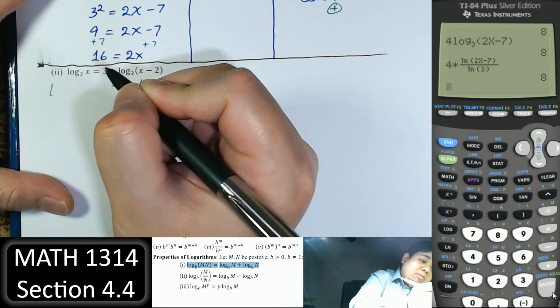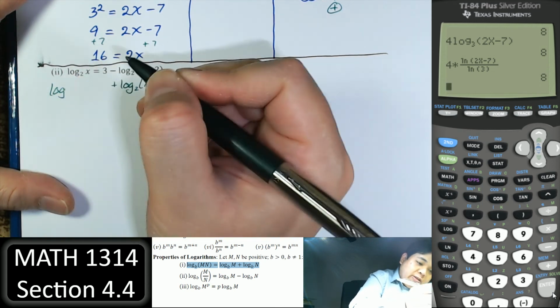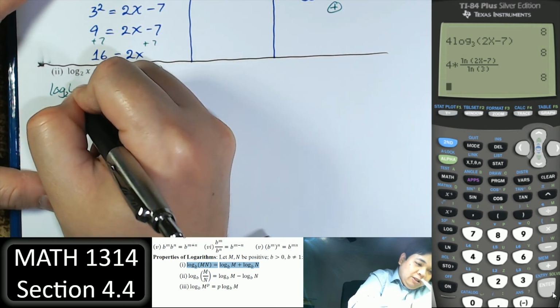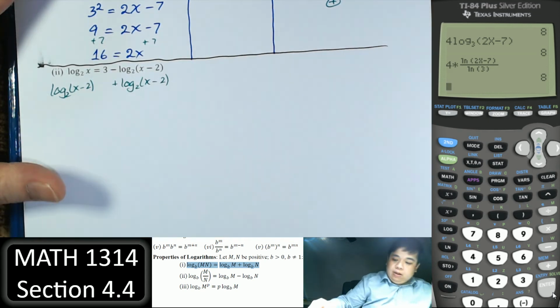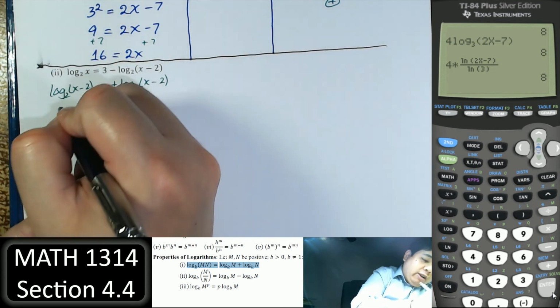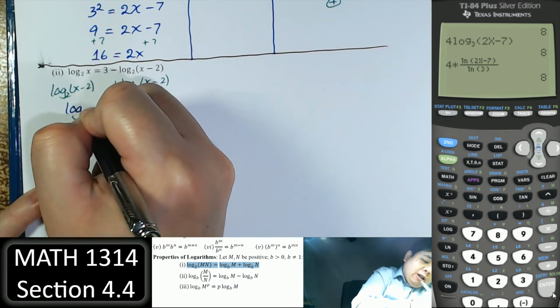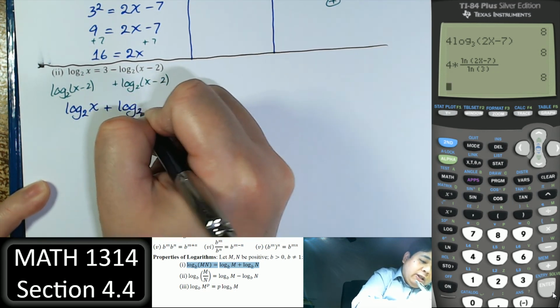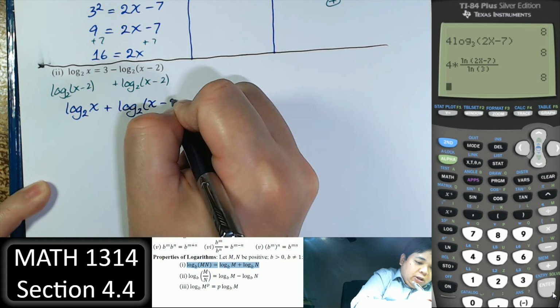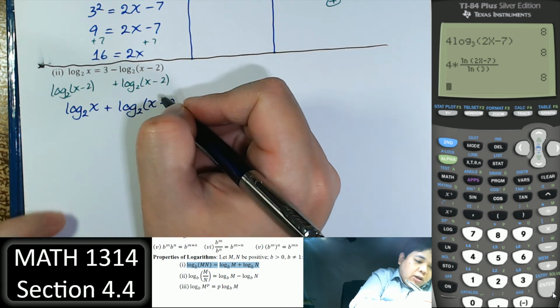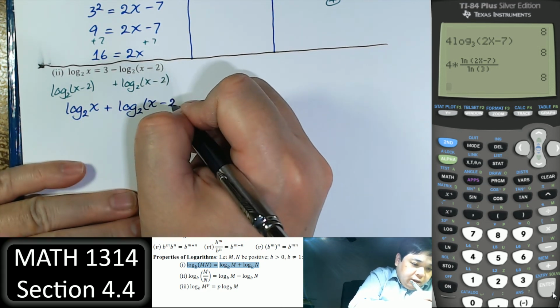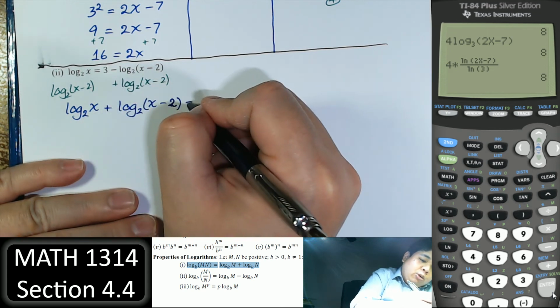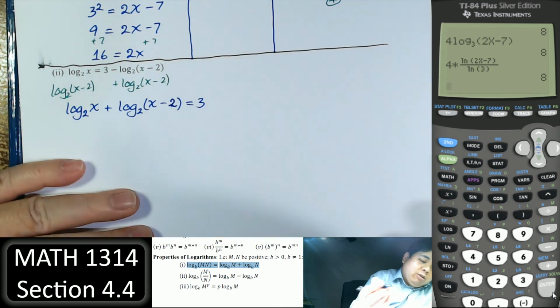So we have the number by itself, the log by itself. Right? So we have log base 2 of x plus log base 2 of x minus 2 equal to 3, and that cancels out, right?